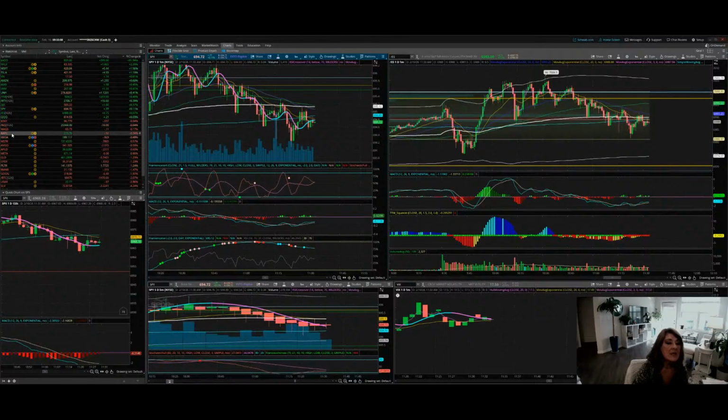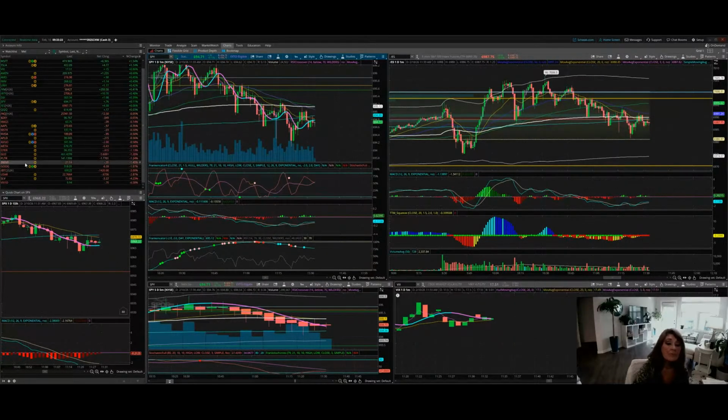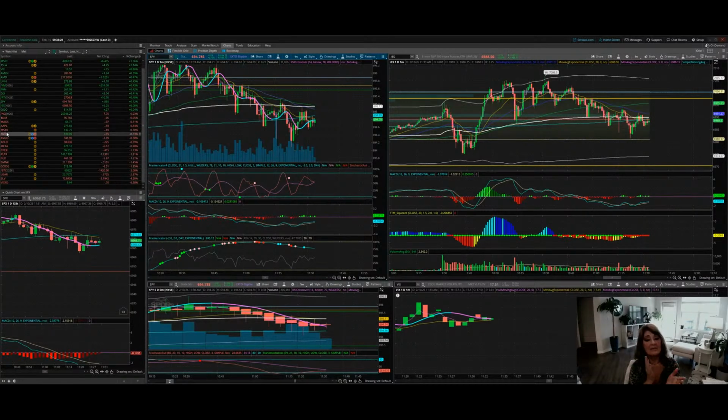So Apple's down 0.3, NVIDIA 0.4, Broadcom 0.5, Meta almost a full percent, Google almost 2%. So we've got a little bit of a mixed bag, and that's why the MAGS as an ETF is just a little bit red, but not super red, because we've got some green and some red on the MAG 7.